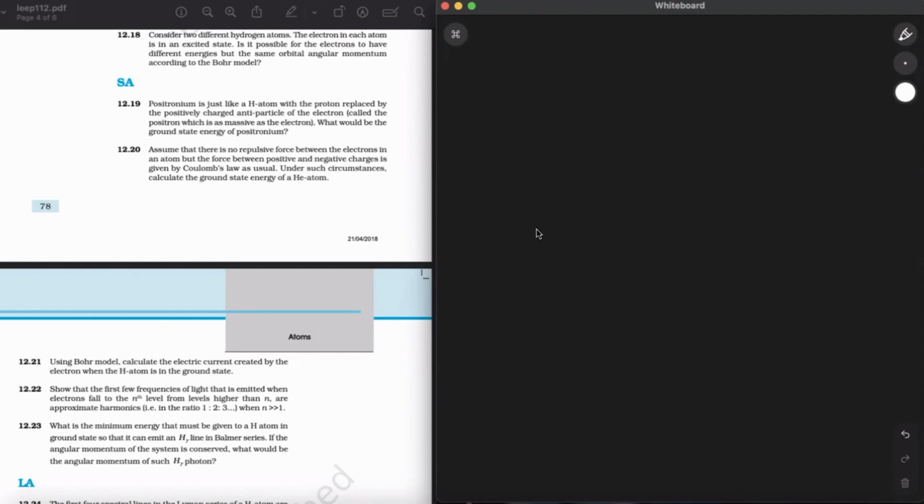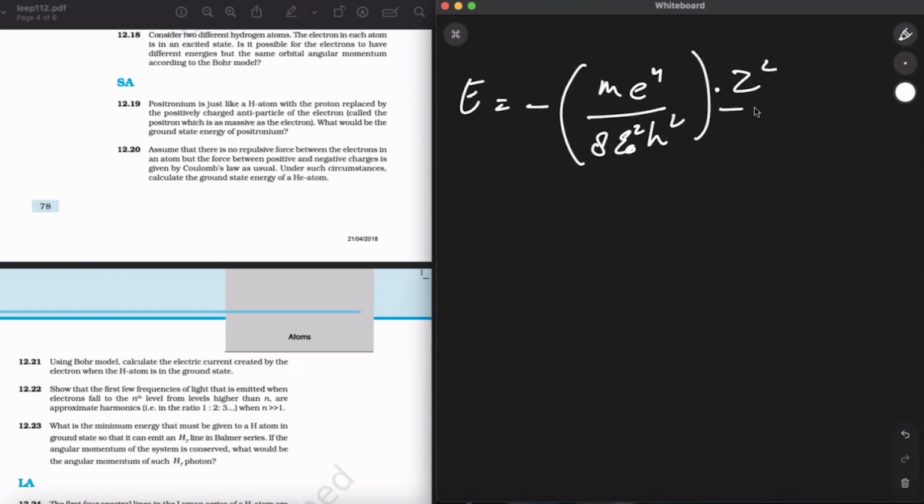All right. So the total energy of an electron in the nth stationary state of a hydrogen atom or hydrogen-like atom with atomic number Z can be defined as minus, because it is an attractive energy, me^4 upon 8 epsilon naught whole square h square, dot Z square upon n square.